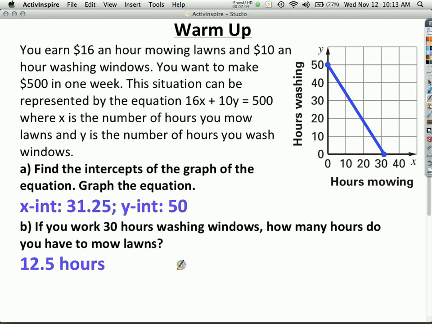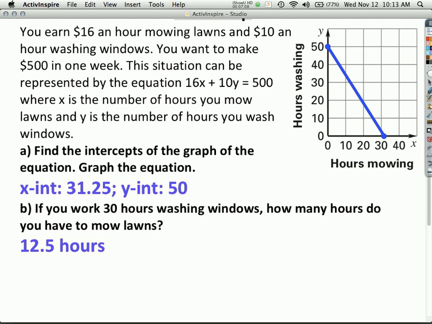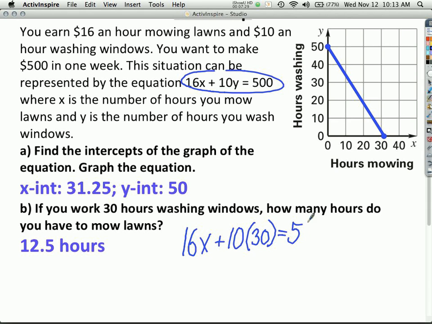How'd you do that? Substitute the y for value. Very good. So the value that they gave us was 30, and you plug that into this equation right here, and then solved it. Okay, so it was like this, 16x plus 10 times 30 equals 500.